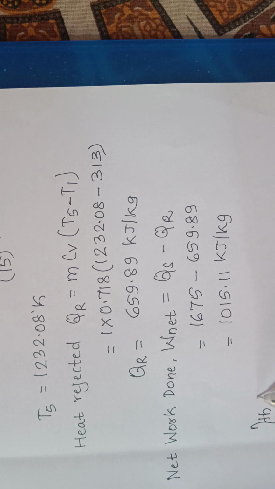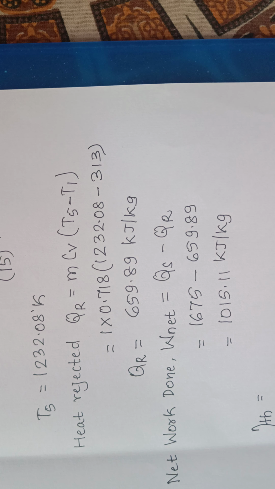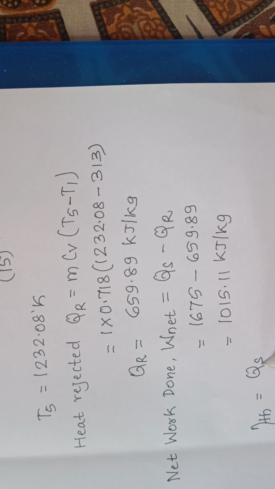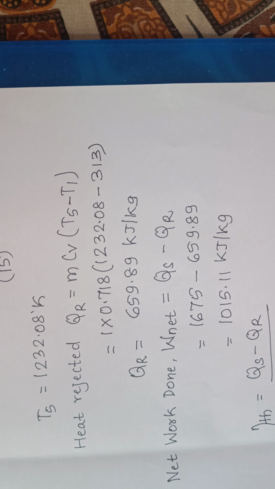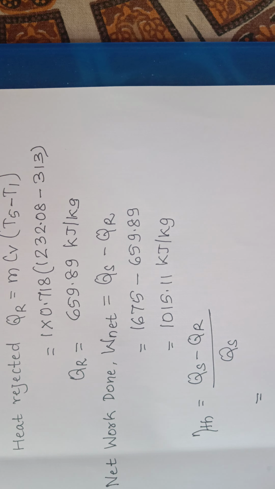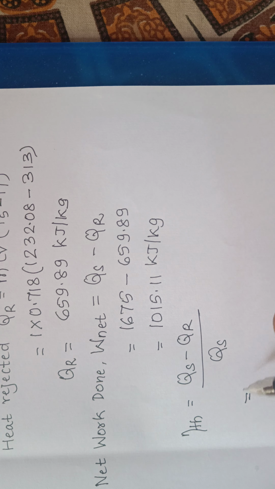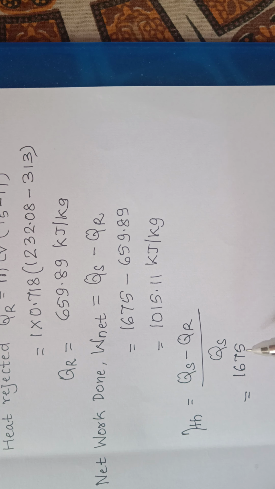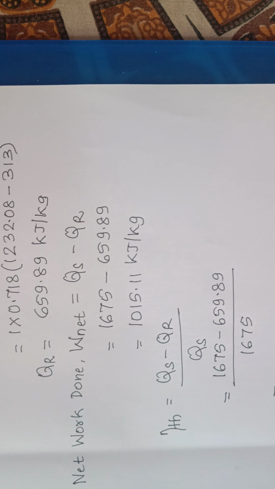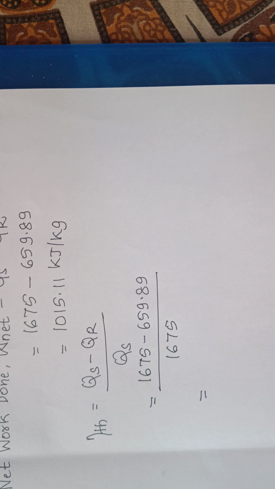Next, find out efficiency. There are two equations to find out efficiency. First, I will use the equation of heat supplied minus heat rejected divided by heat supplied, QS minus QR by QS, that is 1675 minus 659.89 divided by 1675.